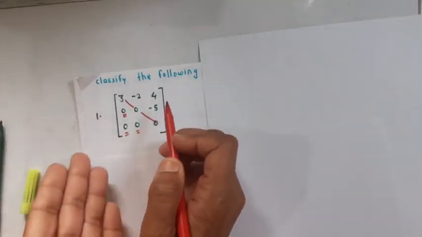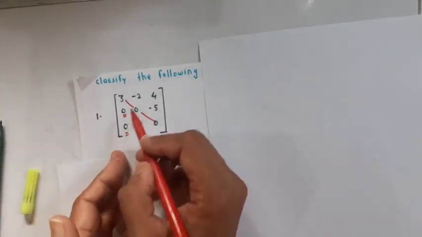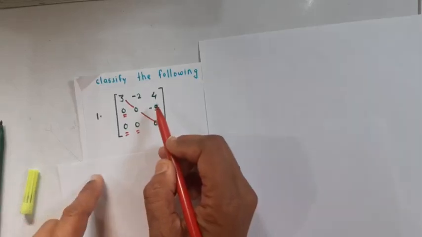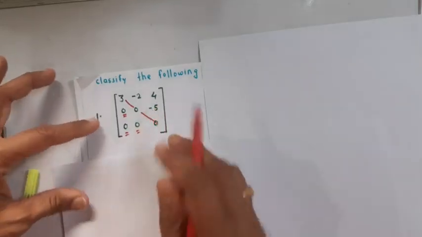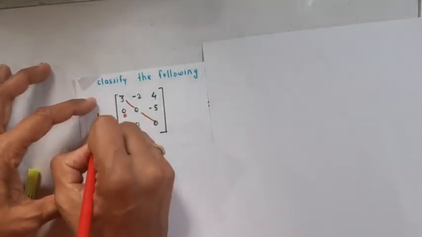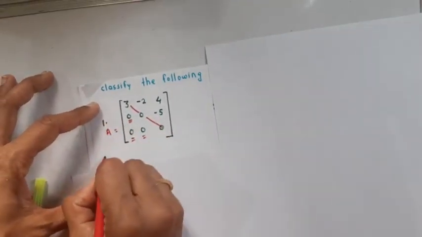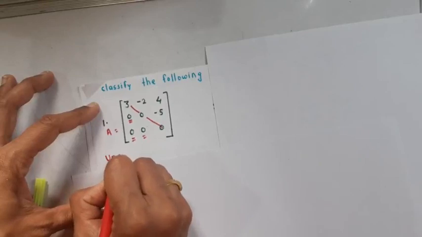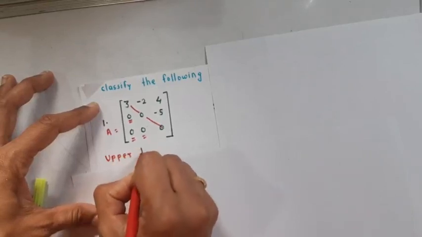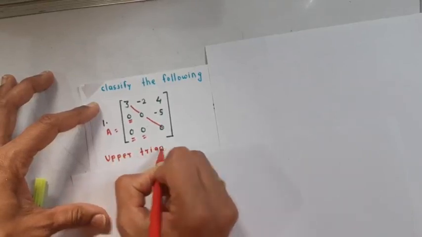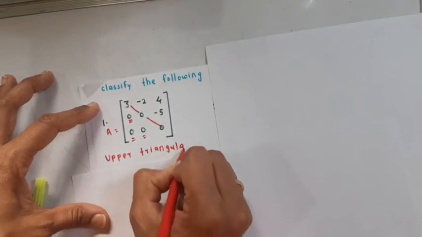And as the elements below the diagonal are 0, this is the upper triangular matrix. Suppose this is the matrix A, and the matrix is upper triangular, because the elements below the diagonal are 0.